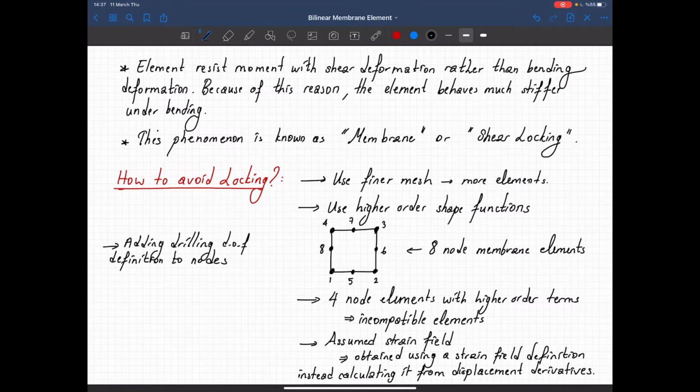Since I have more information at the nodes, I can define higher order shape functions. Additional degrees of freedom allow higher order shape function definition.